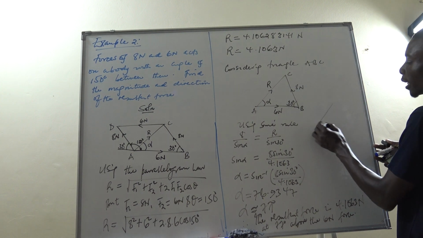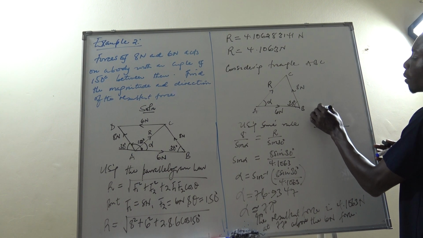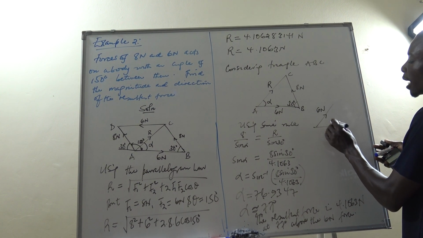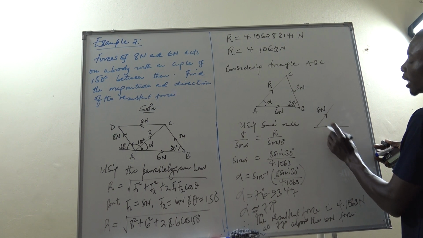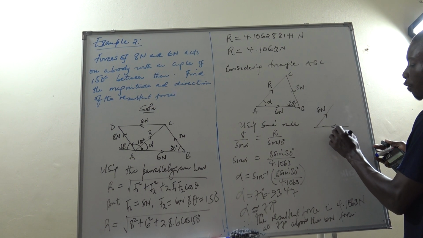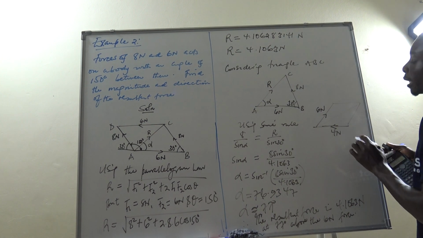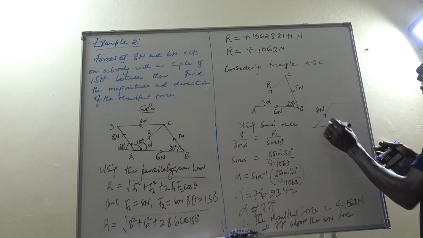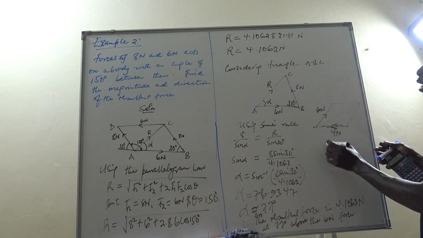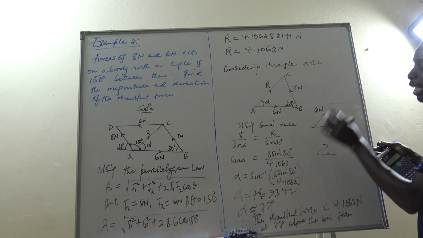If I had maybe 6 Newton and this one instead is entering here as 4 Newtons, you cannot complete a parallelogram and pick it if this force is entering. All of them should be moving out of that point, and then that will work.